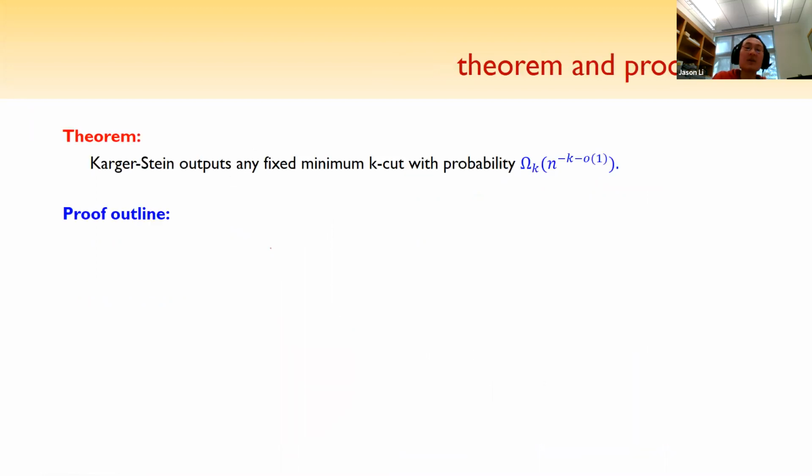Okay, so let me formally state what we want to prove. Let's fix any min k-cut. We want to show that Karger-Stein will output this min k-cut with probability n to the minus k, whereas Karger-Stein initially showed it was roughly n to the minus 2k. Great. And our proof outline will consist of two main steps.